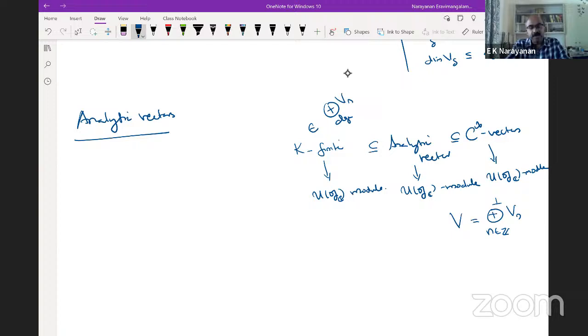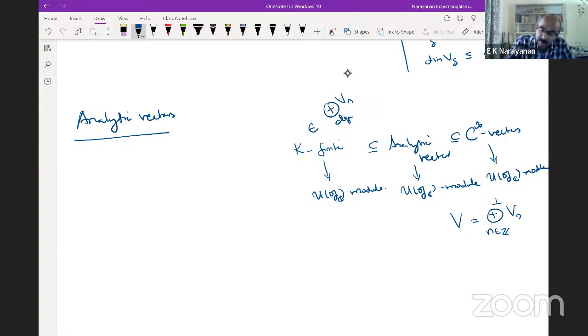Once we start analyzing, we will realize that the n's that appear have a certain structure. The collection of n's gets smaller from C infinity to analytic to K finite.